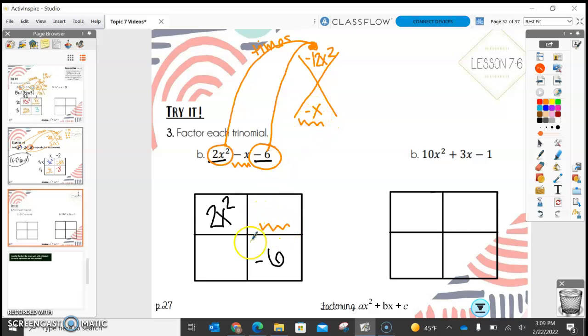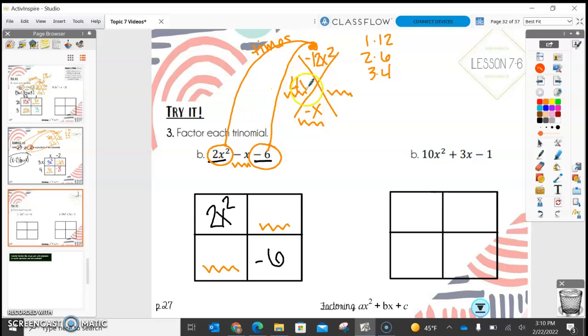So we want to think, what two things will I put in the left and the right of the diamond? Both of these left and right are what go in these two empty boxes. What multiplies to 12? Well, 1 times 12, 2 times 6, 3 times 4. If we use a 3 and a 4, they're one number away. That helps be an option because we want a negative 1.